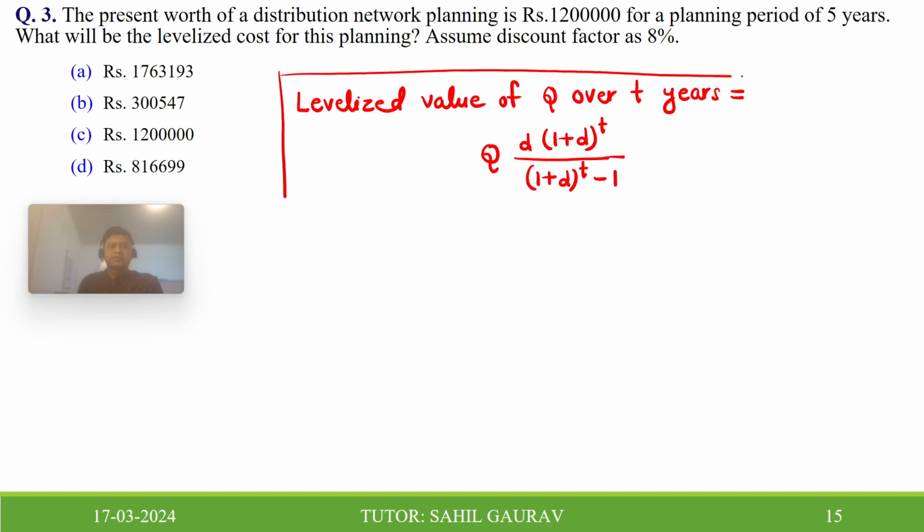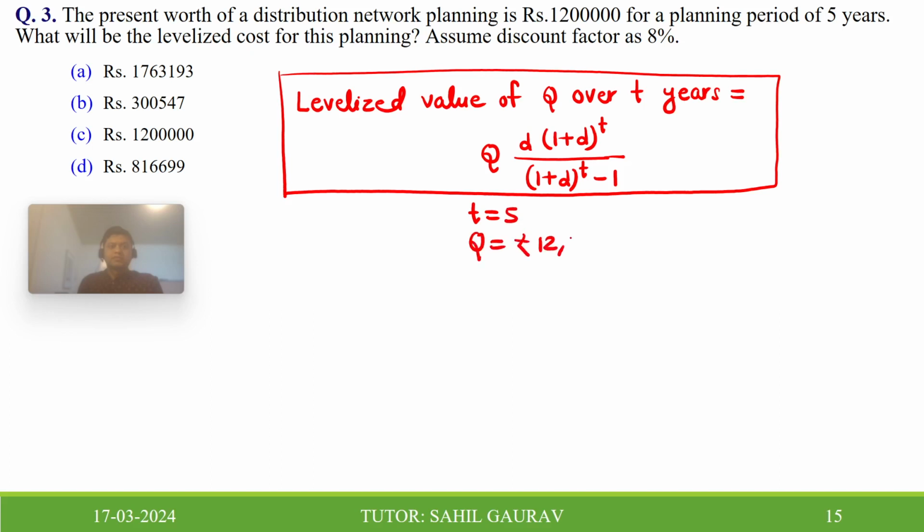Here in this problem, T is given as 5, Q is given as 12 lakh, and discount factor is given as 0.08. Just put all these values, you will get the answer.